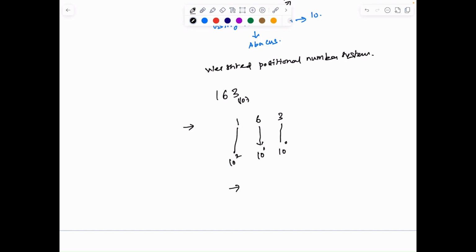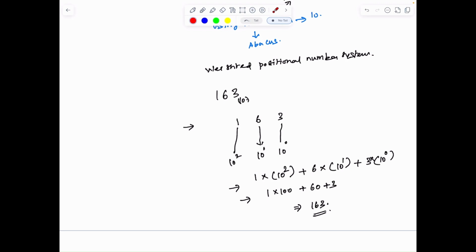So that means I have 1 of 10 power 2 here, plus 6 of 10 power 1, and then 3 of 10 power 0. So what is 10 power 2? It's 100. So 100 is here, and then I have 6 tens, and then 3 ones. So that's why it's 163, right? I think we all know that. This is how the decimal number system works.